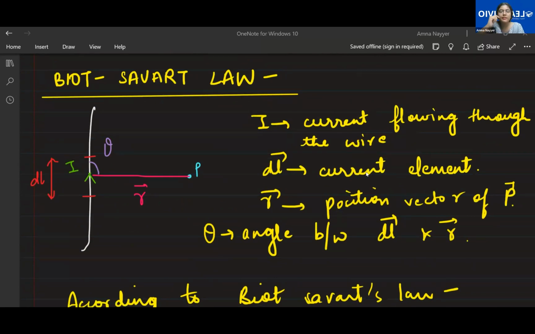Relative permeability means, see, when you are comparing the permeability of any medium, let's say oil, or honey, or glass, any material with air. You're comparing two materials. One is fixed, which is air. The other one can be anything. Absolute means when you are not comparing anything.